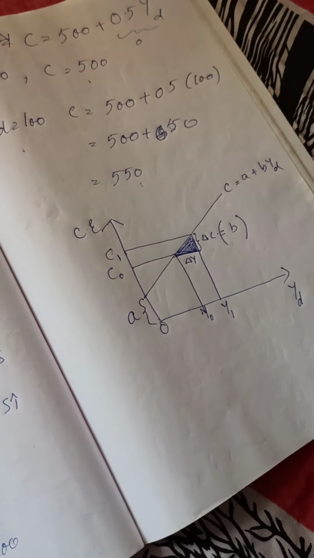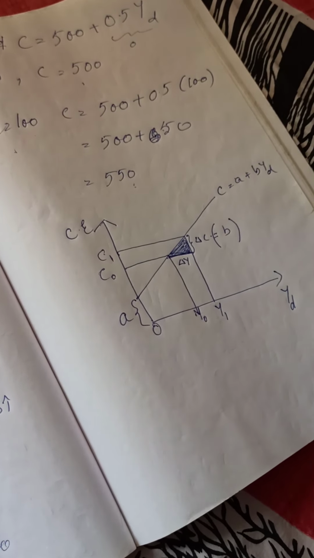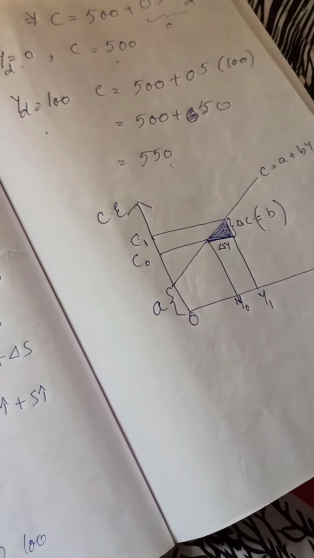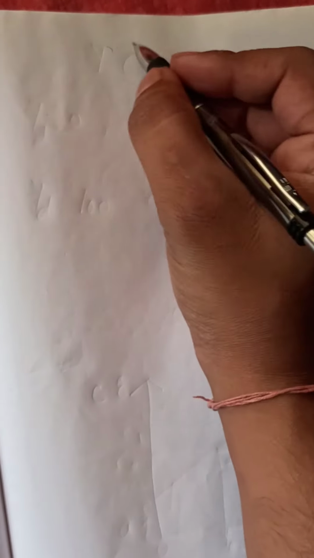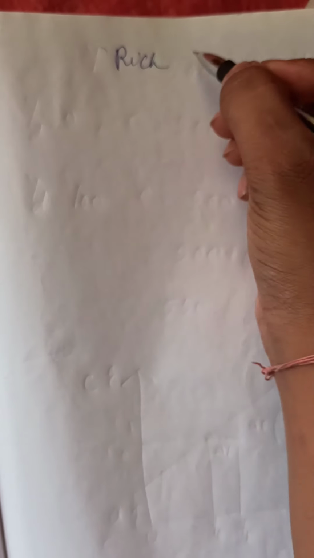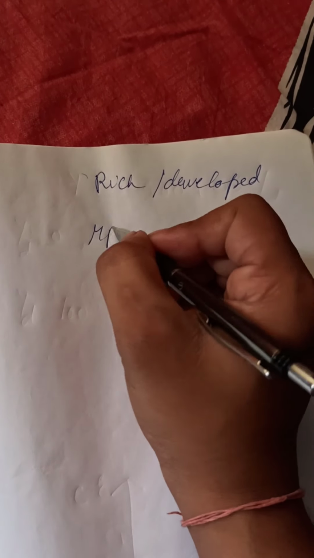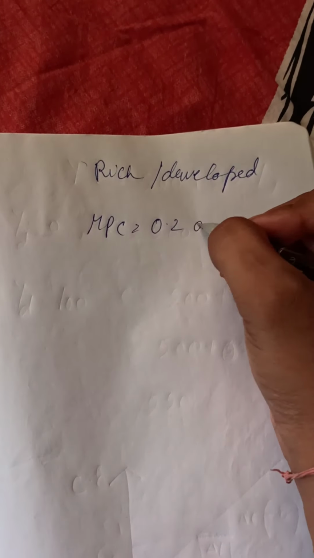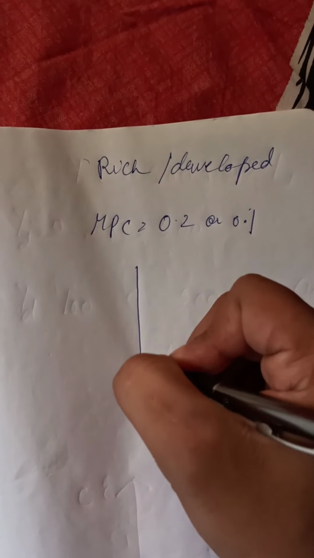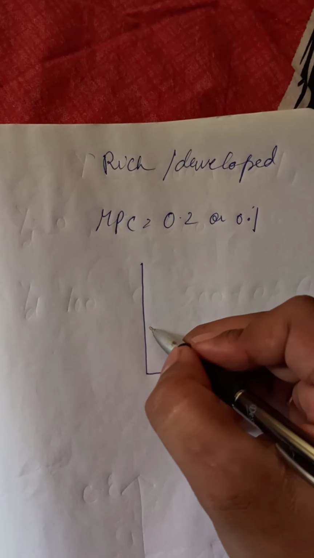So in this discussion, I hope you understood that the value of MPC for a rich or developed nation is low, around 0.2 or 0.1. Okay, and for them their consumption function will be flatter.